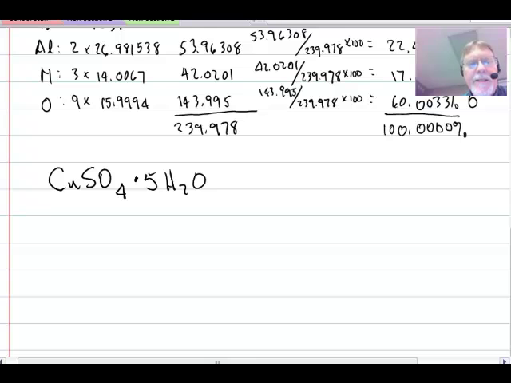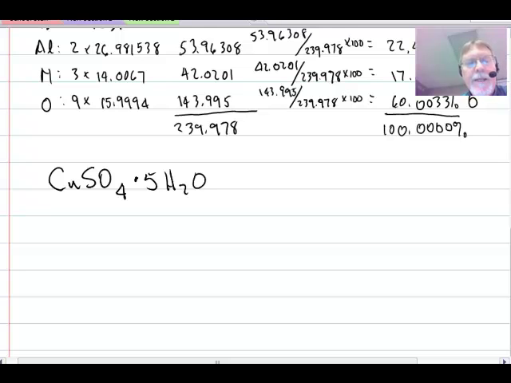What this indicates is that for every formula unit of copper sulfate, 5 water molecules are incorporated with that. And this happens when the copper sulfate crystal forms from a water solution. It just traps 5 water molecules in there, and it's always 5, so it's always the same amount.